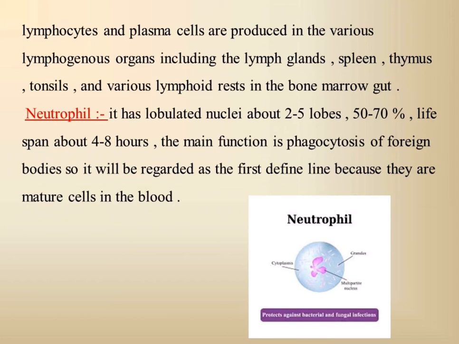These are big cells found in the blood and are responsible for phagocytosing different invading bacteria, viruses, and any foreign body that enters. The defense mechanism starts with this type of cell.